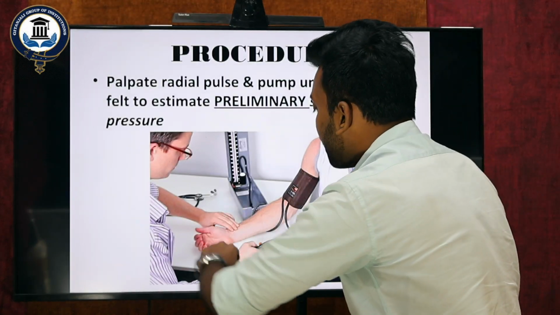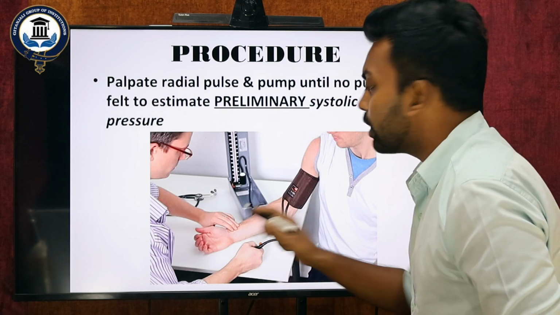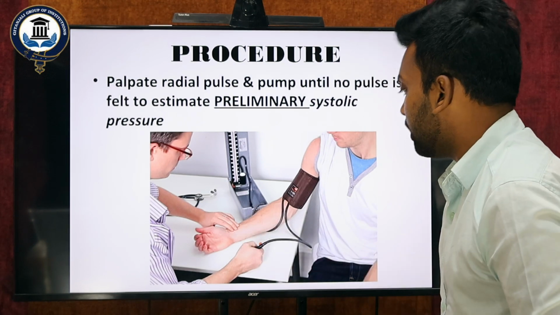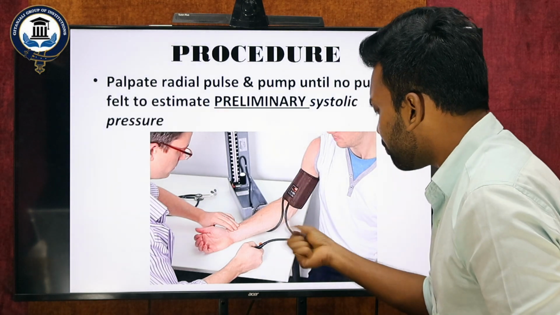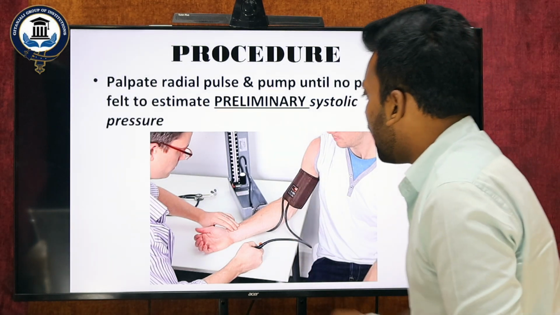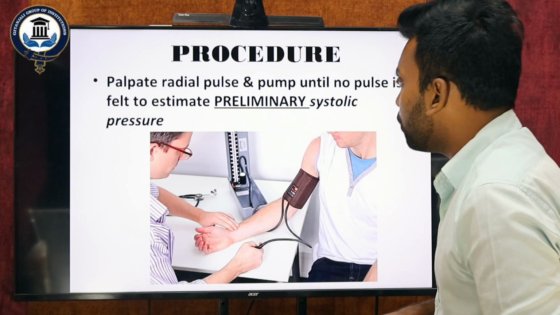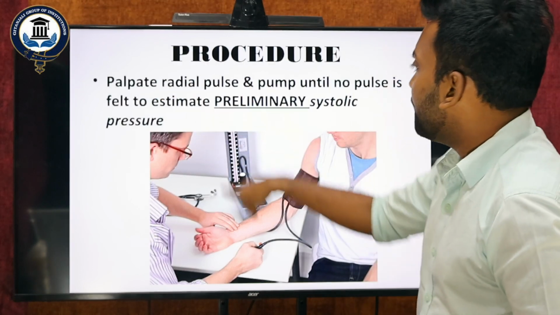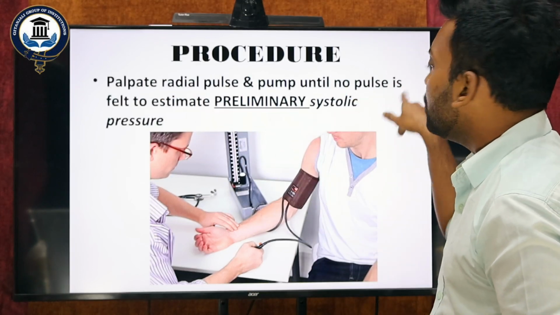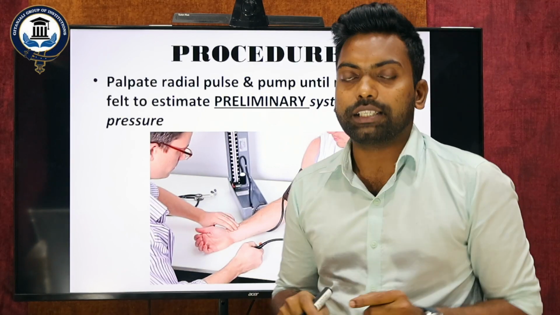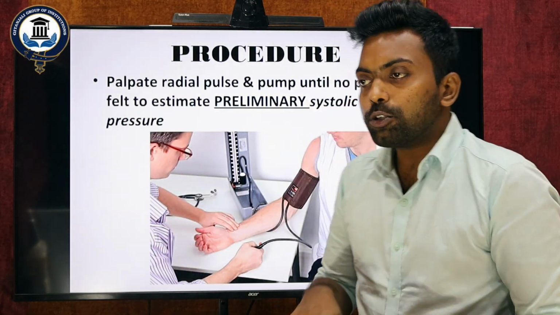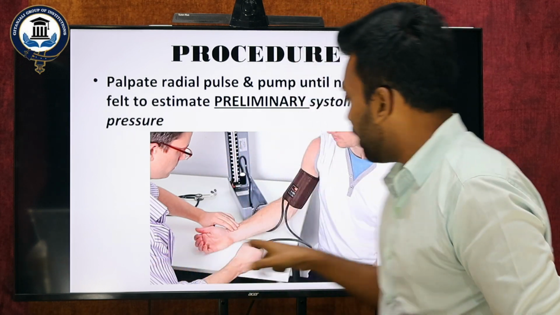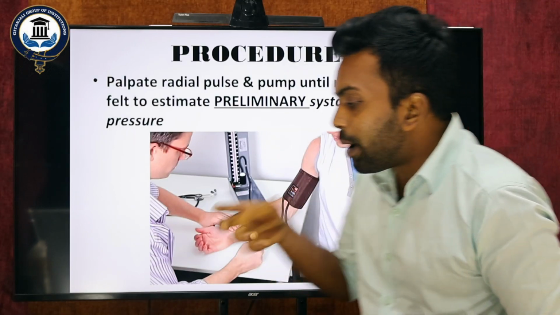You place your hand over the artery to palpate it, the radial artery, and this is the bulb for pumping air. Here, palpate the radial pulse and pump until no pulse is felt. There is a bulb and you just pump it.